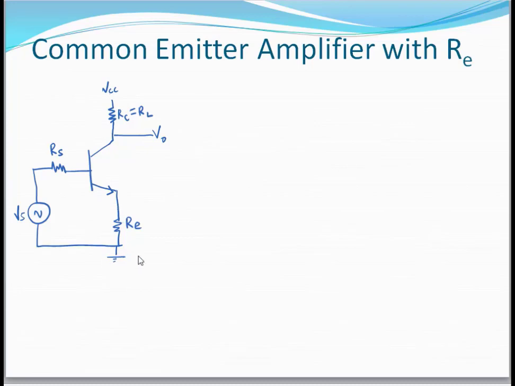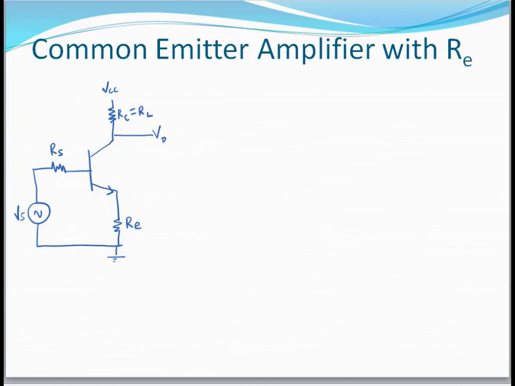So we have taken here one emitter resistance RE, and this is a common emitter amplifier mode of operation. Output is taken from the collector and input is fed from the base terminal, and emitter resistance RE is there.